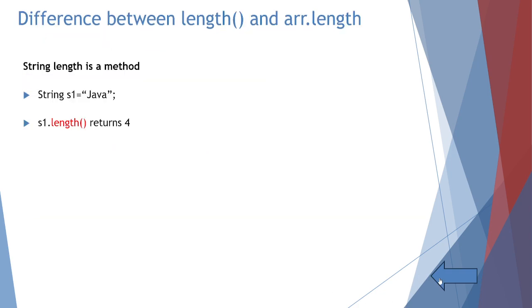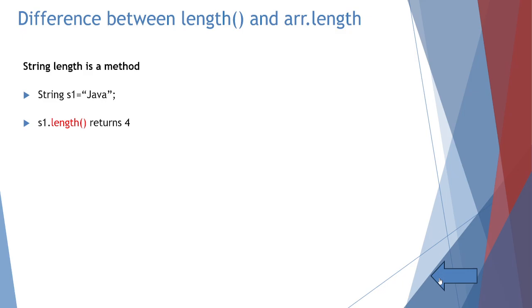And then the difference between length() and arr.length. length() with parentheses is a method and it is used with strings. For example, String s1 = "Java". s1.length() returns 4.